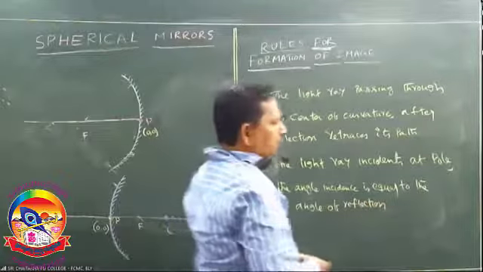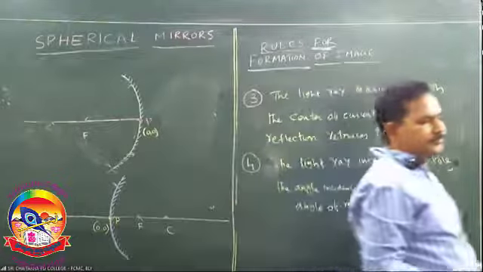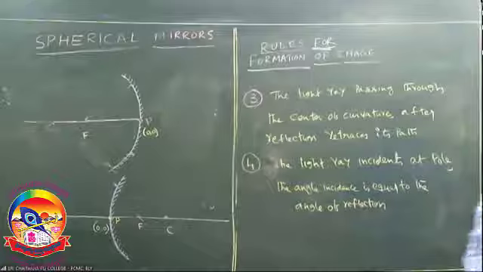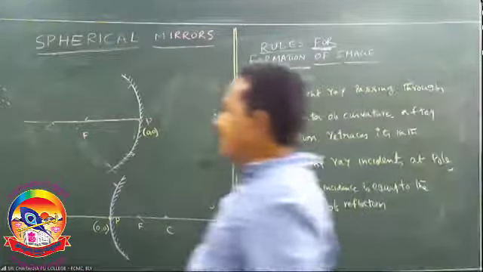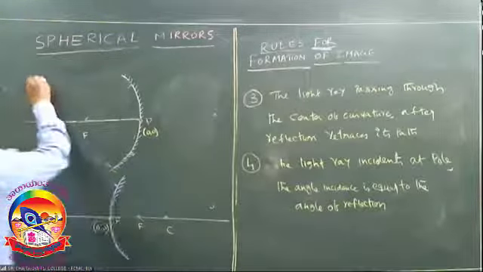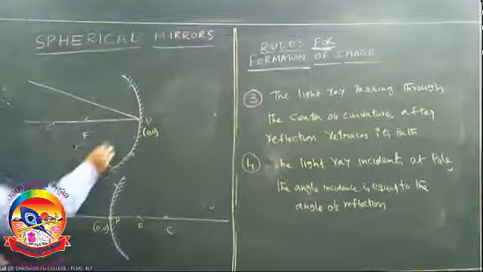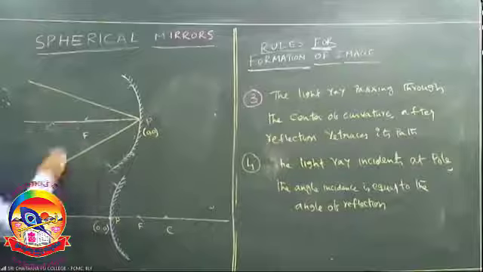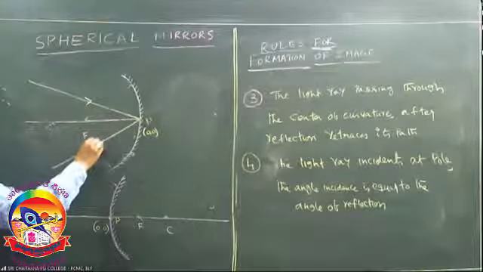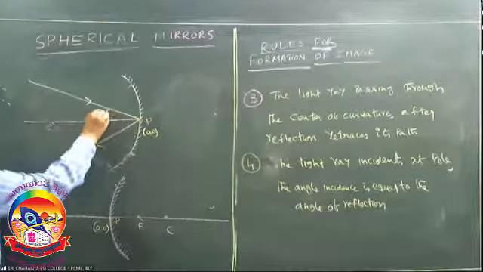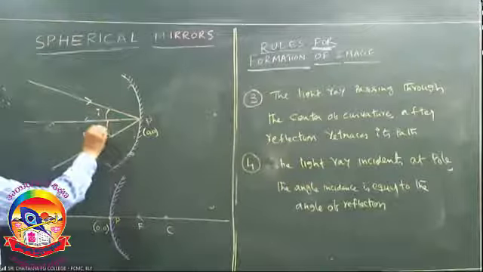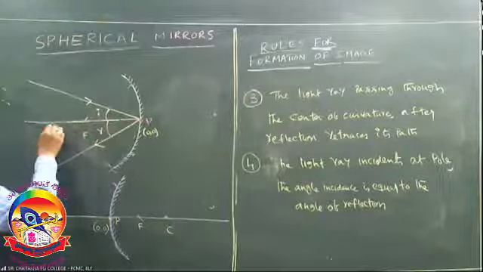What is the fourth rule which we follow? If the light ray falls near the pole, in such a way that after reflection, the angle of incidence is equal to angle of reflection.